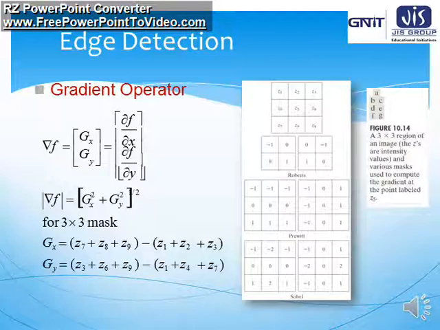For the Roberts mask, we have 2 diagonal 0s along with one diagonal -1 and another +1. For the Prewitt operator, the first row is all -1, the middle row is all 0 and the last row is all +1.